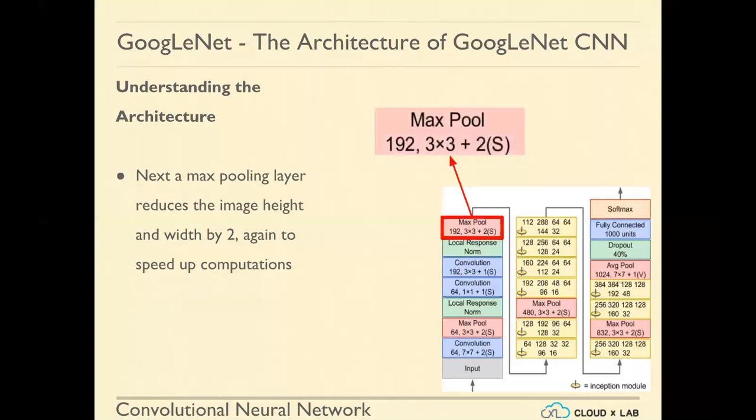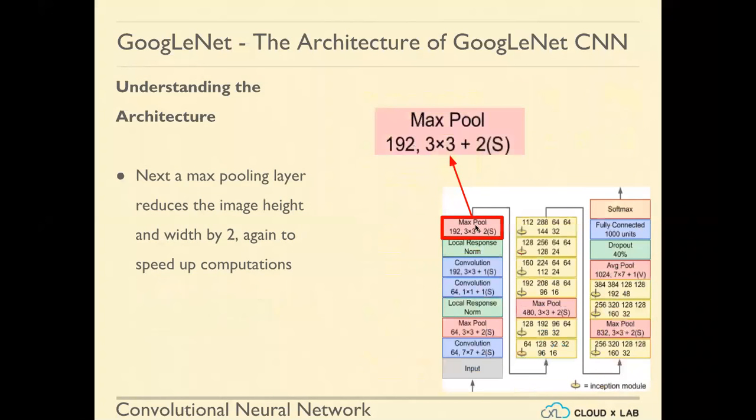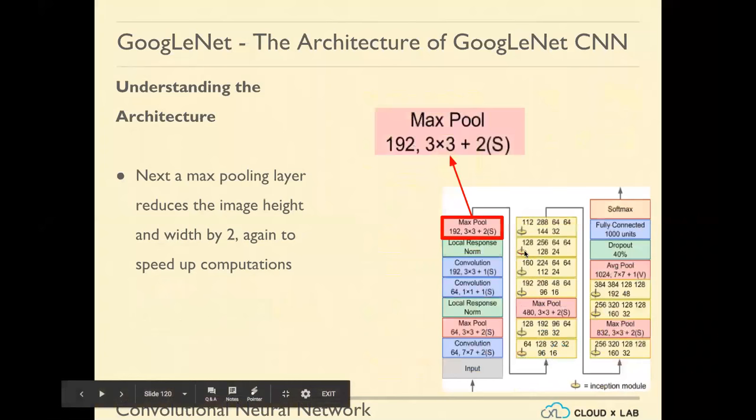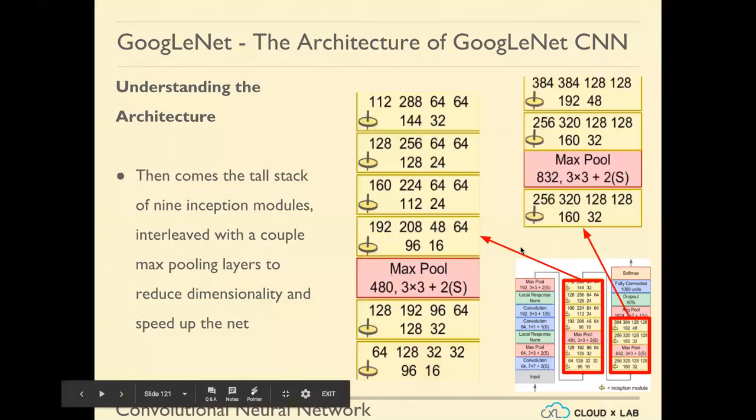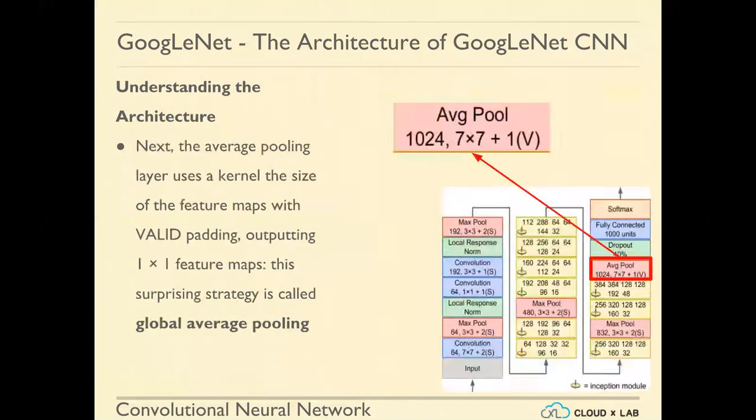Afterwards, after the max pool, we come to the second column, right? The output of this max pool goes to this stack. Then comes the tall stack of 9 Inception modules, interleaved with a couple of max pooling layers to reduce the dimensionality and speed up the network. Next, we have an average pool layer that uses the kernel size of the feature maps. Okay.